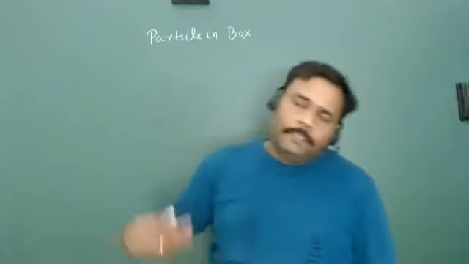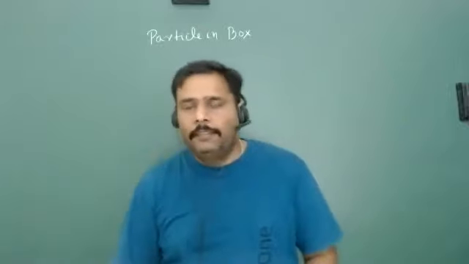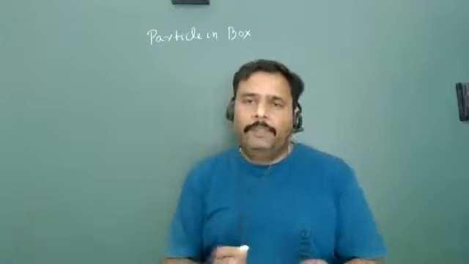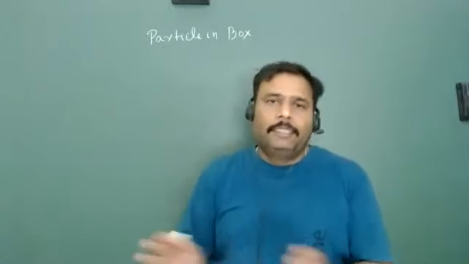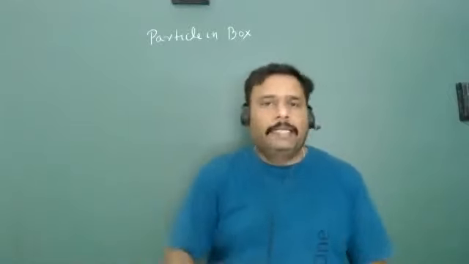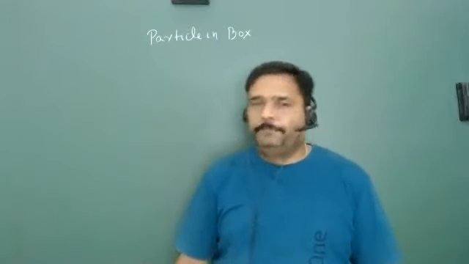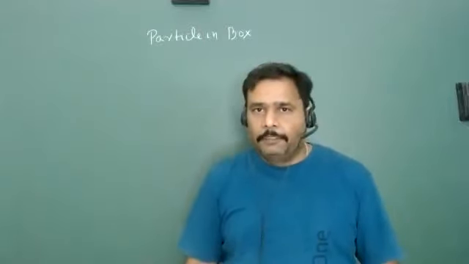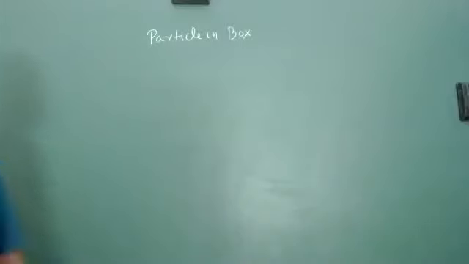So now I am going to solve the same problem again, but I will shift the box a little bit towards the left. Let's see what happens and how parity comes into the picture. Parity is one of the very important operators to understand the symmetry of a system. So let's look at the symmetry as we solve the particle in an infinite box again.